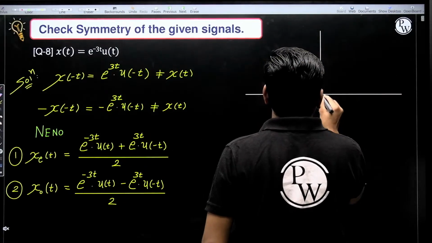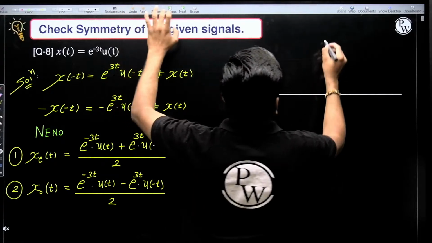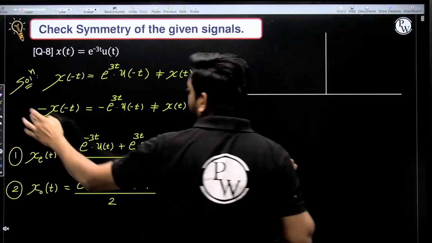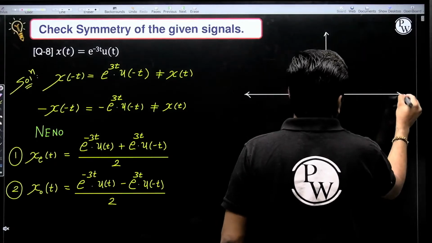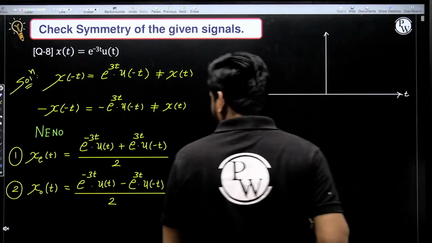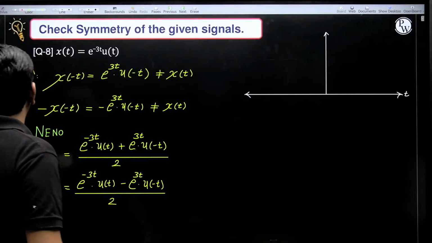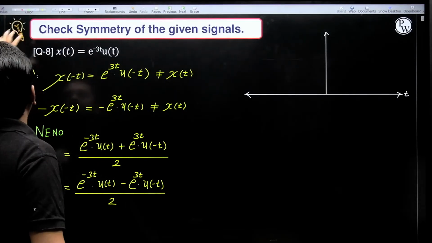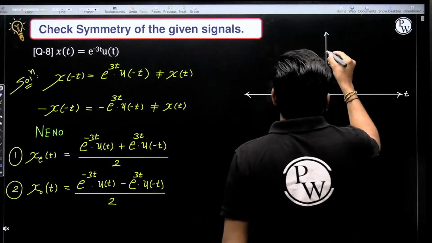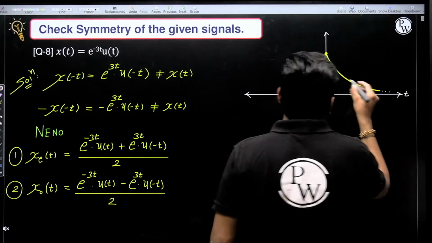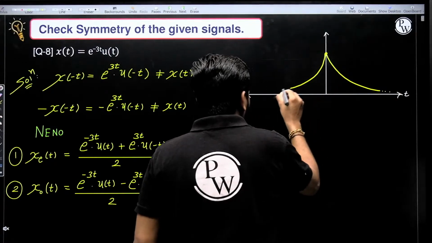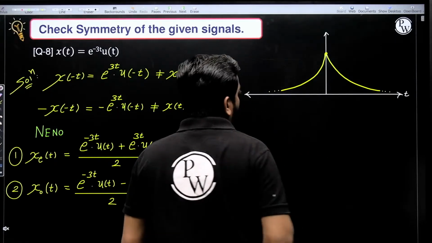Amplitude at the origin is 1 by 2, exponential decreasing on the right side and on the left side.